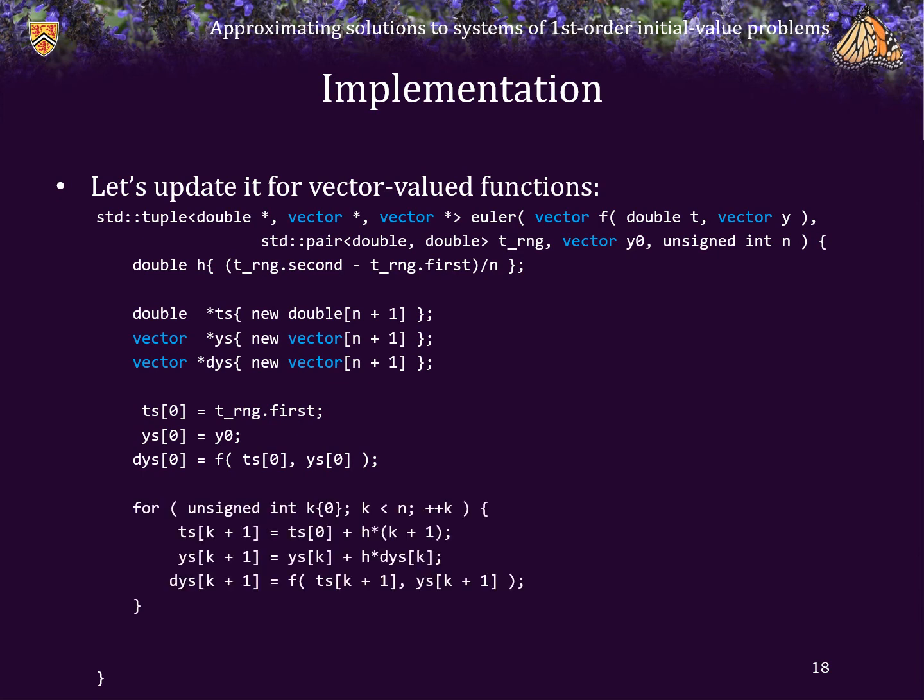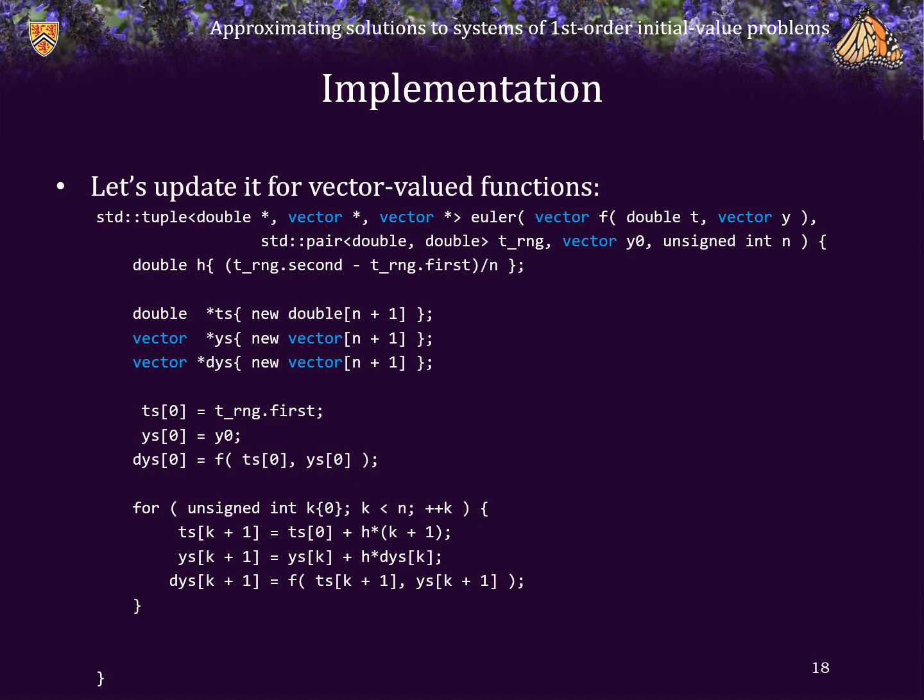If you'll notice, there's no change to the for loop. The next t-value is the previous t-value plus h. The next y-value is the previous y-value plus h times the slope at that y-value.